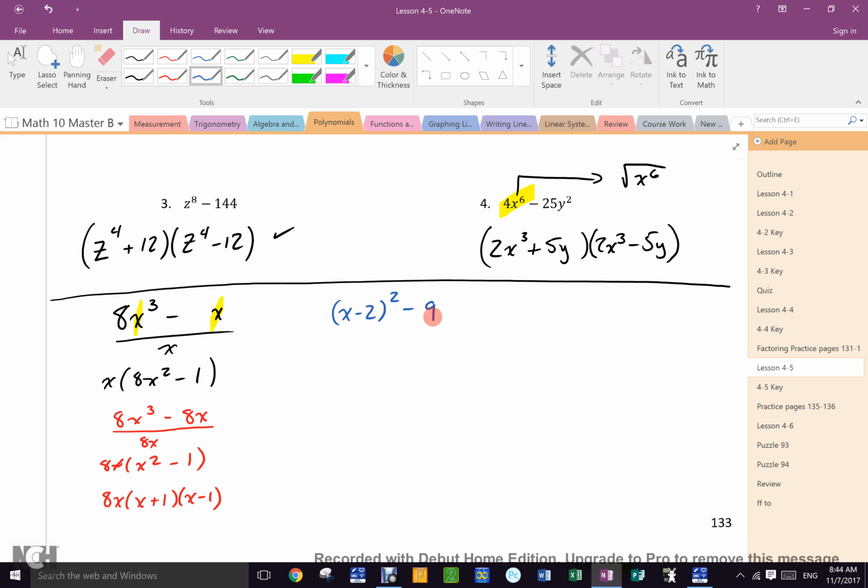Is that factorable? I've given you a trick to doing these. What are you allowed to do when you see something like that?